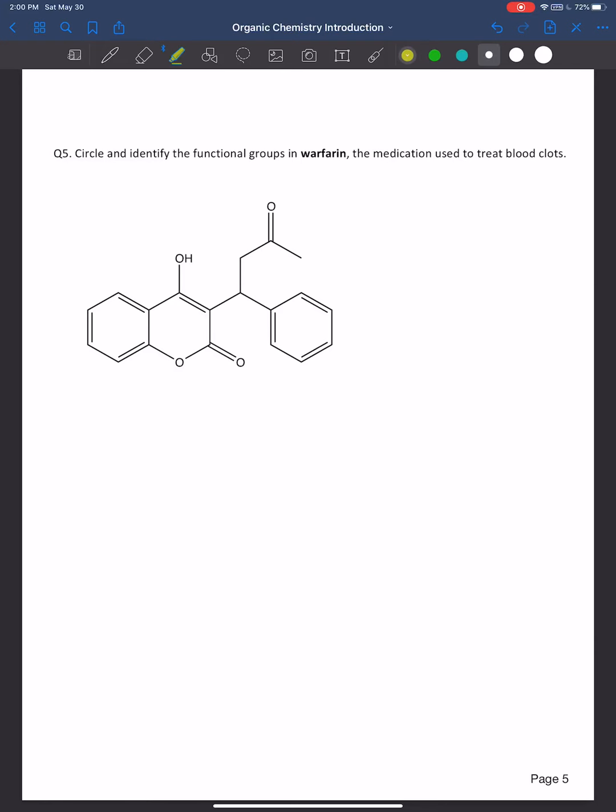All right, well, I hope you've had the opportunity to identify the functional groups in the molecule warfarin. Now, the first functional group that I found, this is an alcohol here, the OH.